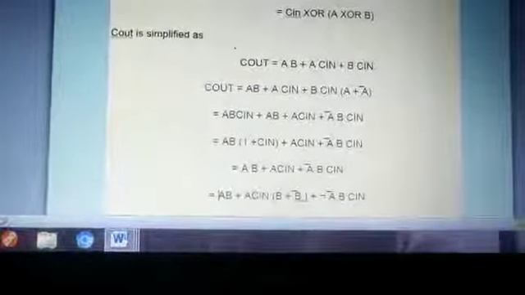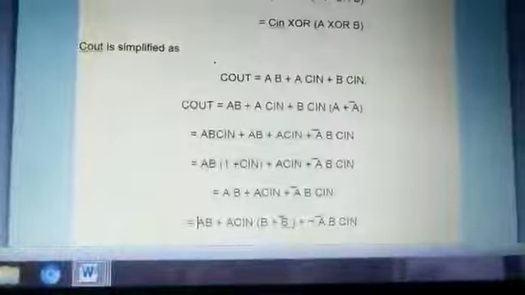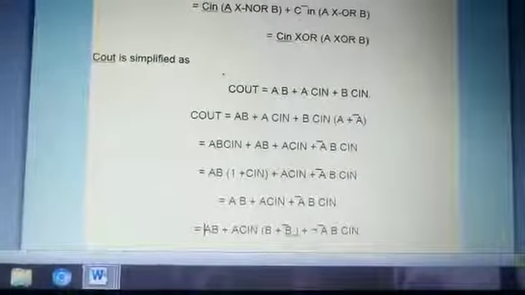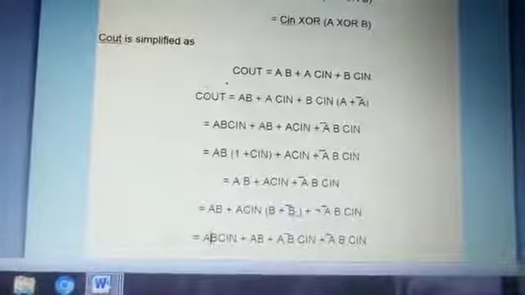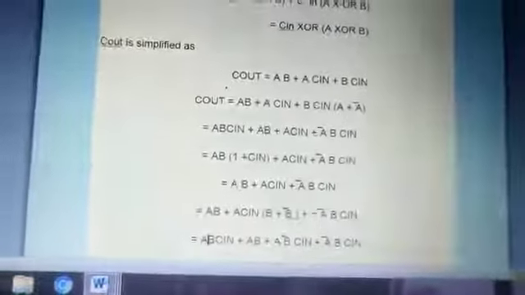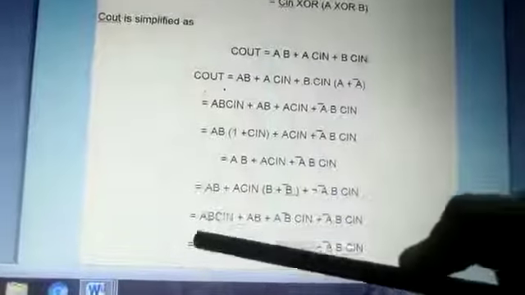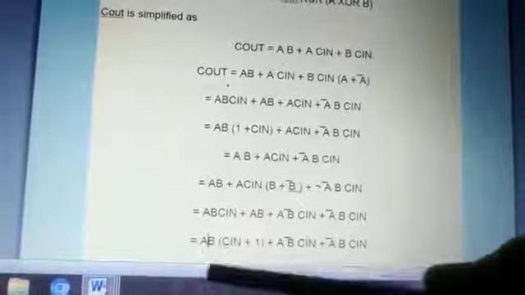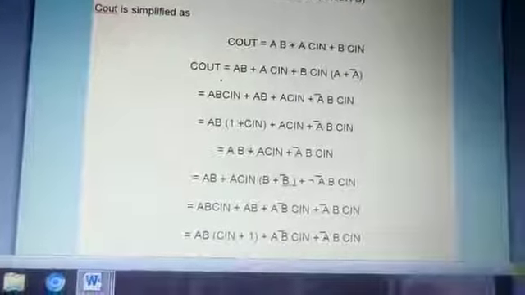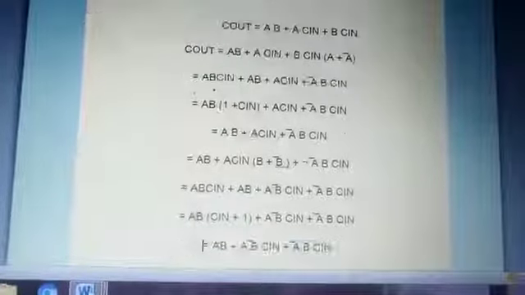Now again in A C in I am taking 1, and the 1 is replaced by B plus B bar. Again I do the multiplication and get this product. Again I try to reduce by taking common. Here I take A B as common, so what is left is C in plus 1. You see, 1 plus X means 1.